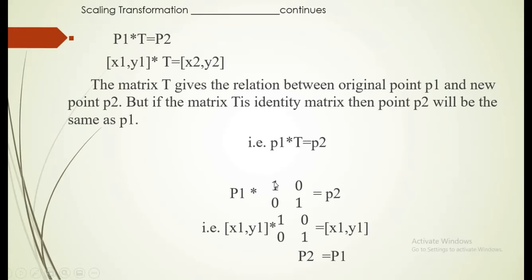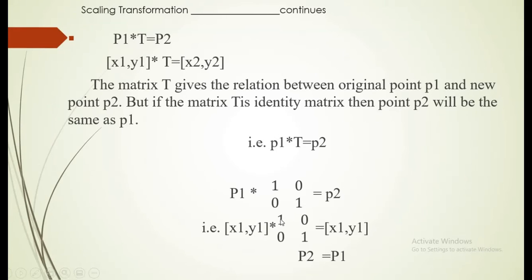P1 into the identity matrix, which has 1 and 1 on the diagonal. This is called an identity matrix. P1 into identity matrix is equal to P2. P1 is equal to (x1, y1), the old coordinate, multiplied by the identity matrix.